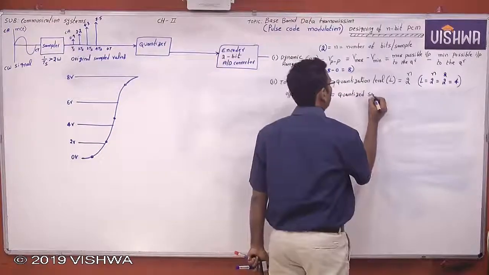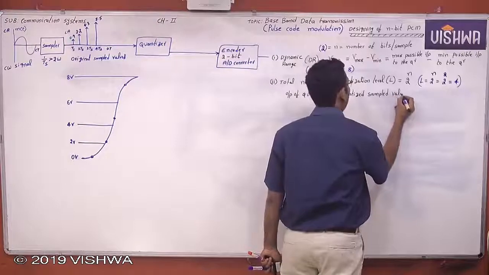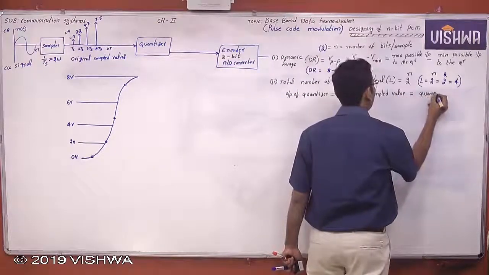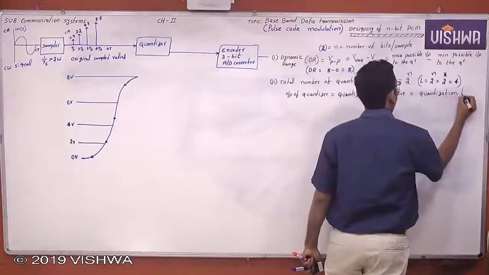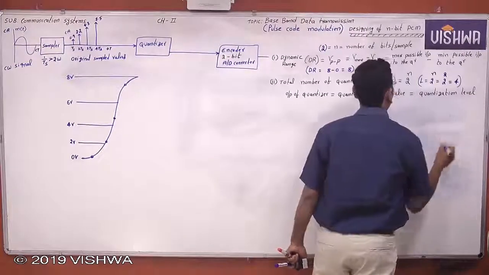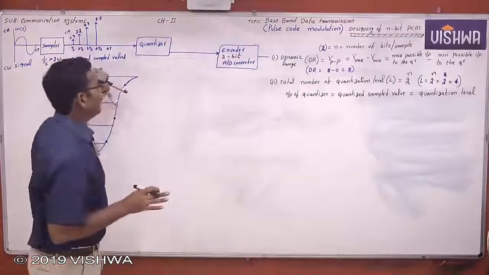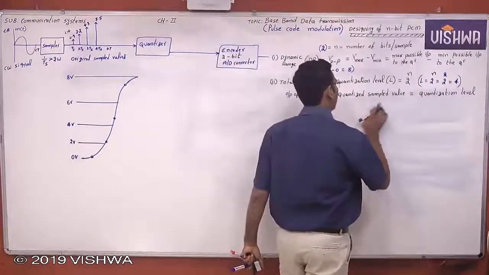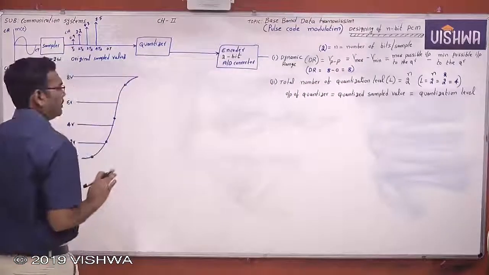Quantized sample value is 100% the quantization level. Both are the same. Quantized sample value or quantization levels, both are the same. Okay, don't confuse. The original sample value is rounded off to the nearest quantization level, and the nearest quantization level is nothing but the quantized sample value, the output of the quantizer.